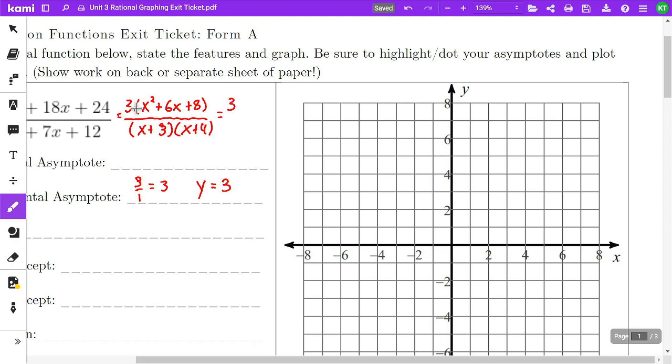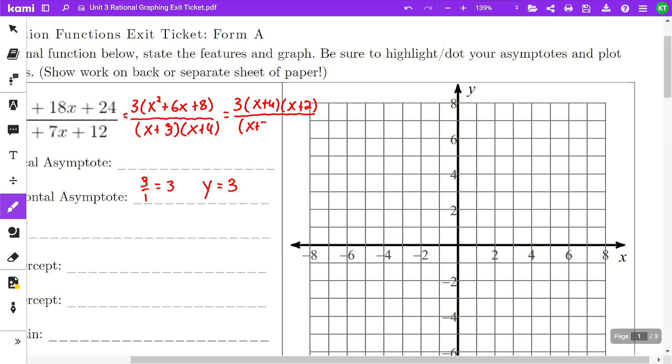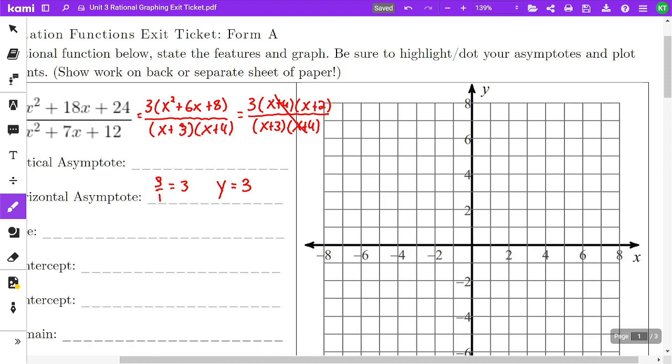I'm not going to forget about my 3 because I still factored it out. And that's going to give me x plus 4 and x plus 2, divided by my x plus 3 and x plus 4. I notice I have an x plus 4 on the top and bottom, so I'll cancel those out. And so my simplified form, I'll be left with 3 times x plus 2 divided by x plus 3.